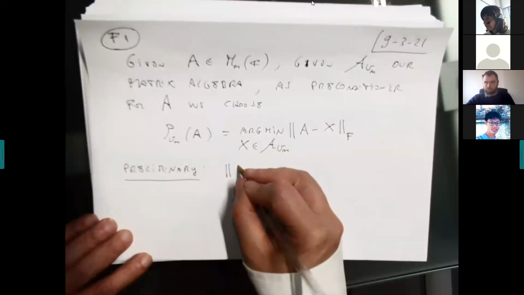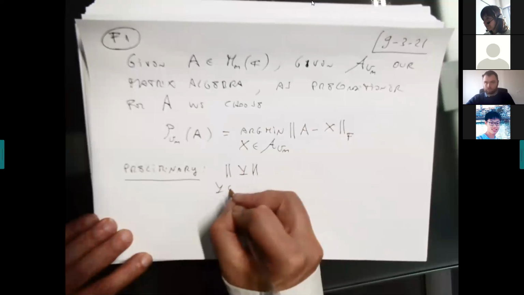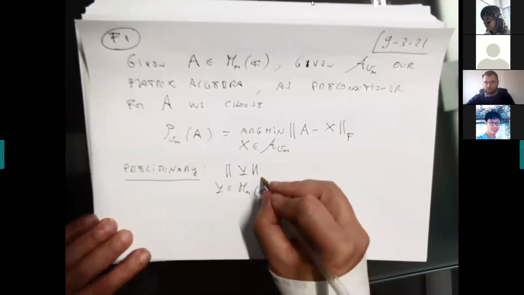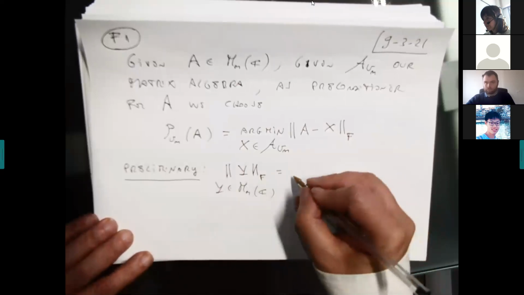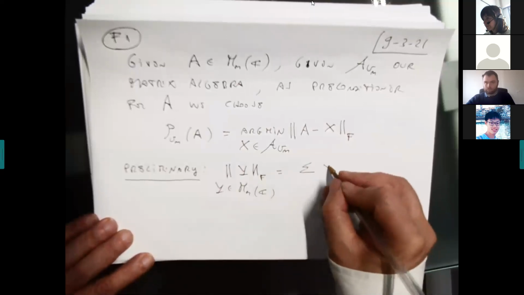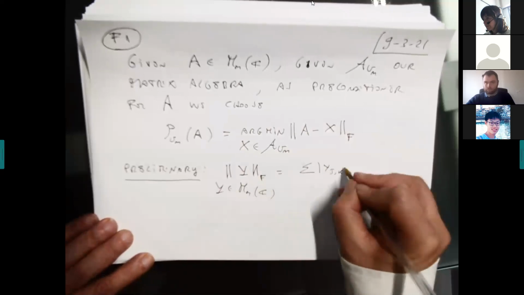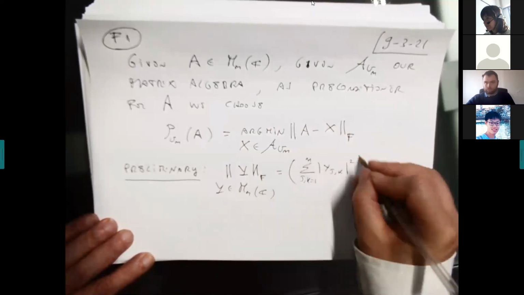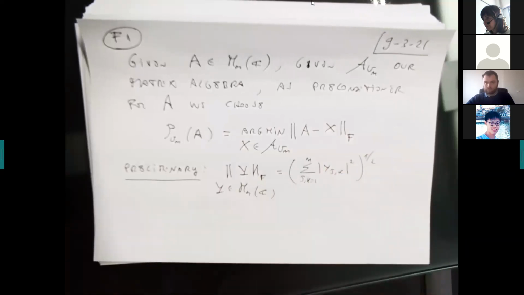The Frobenius norm of Y, for Y in M_n(C), is nothing else than the sum of |y_jk| squared, j and k from 1 to n, to the power 1/2. So, what is this norm? It is one of the preferred norms for numerical analysts because it's simple.